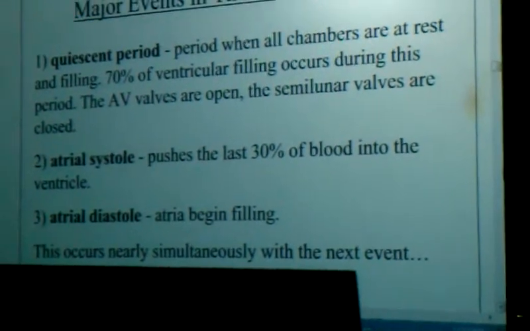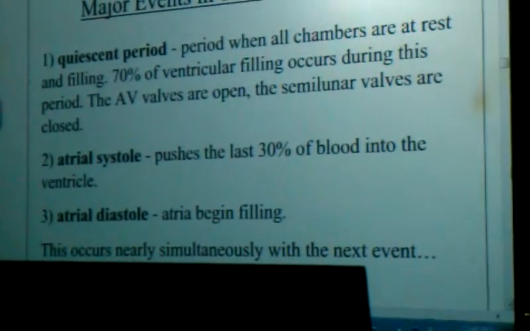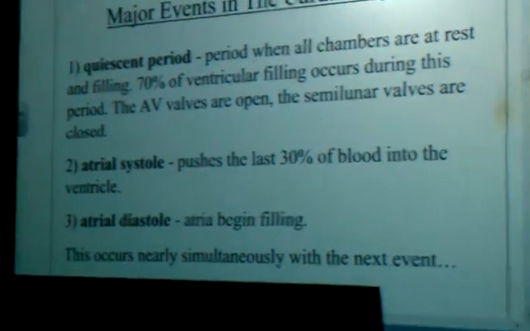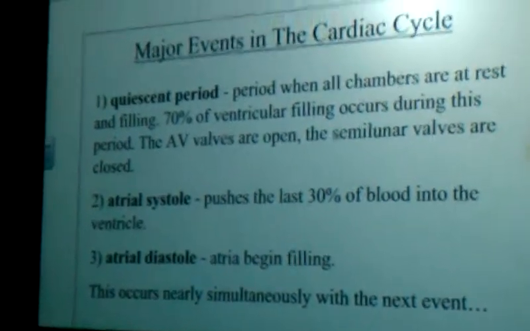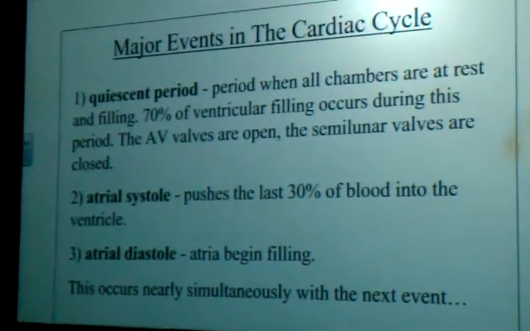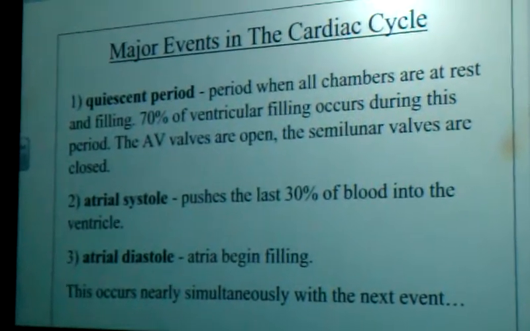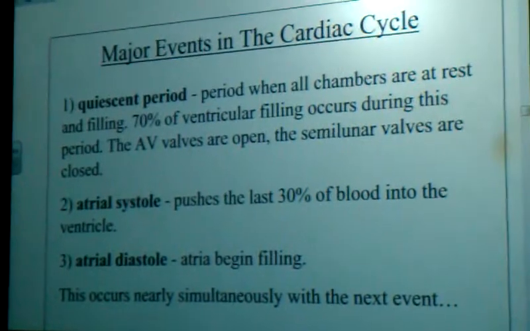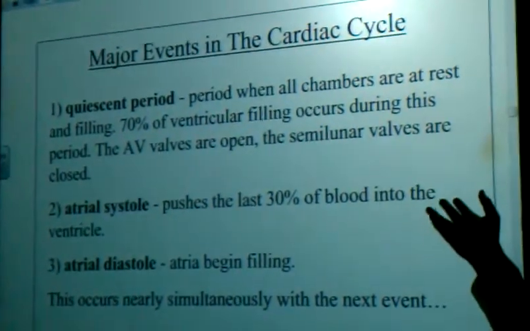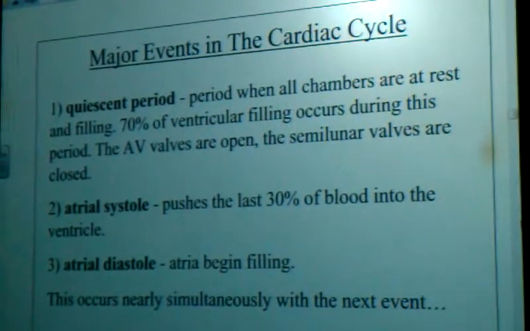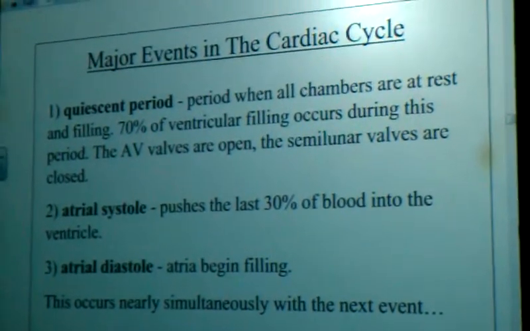From the atria, the blood will flow through an open AV valve into the ventricles. Even though this period of time is quite short, about 70% of the capacity of the ventricles is filled at this point. So the heart fills up really fast.